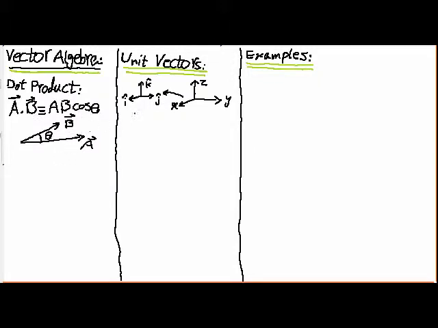Okay, before I go further on this concept, dot product, I will cover unit vectors, and then I use dot product in there, and then we use them together to do some examples. Okay, so you are perhaps familiar with the Cartesian coordinate system where we have x and y and z directions, right?